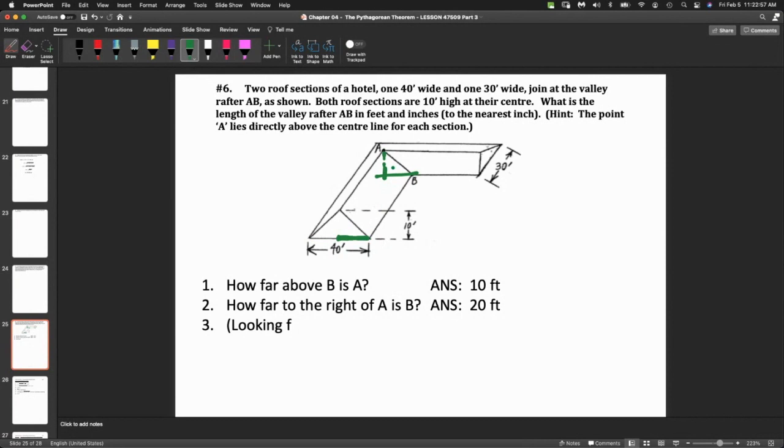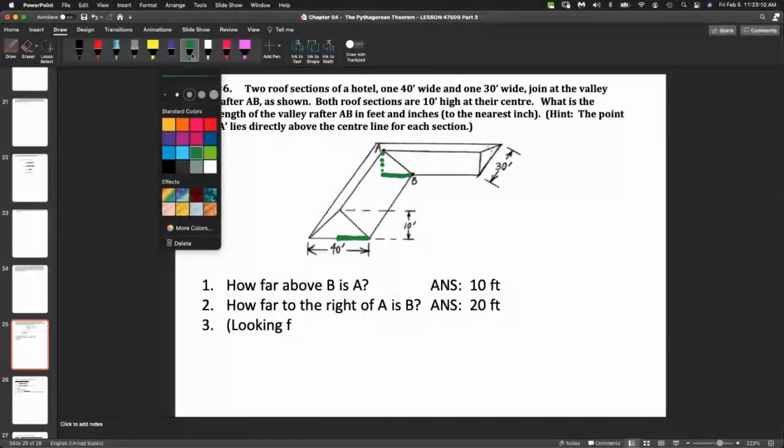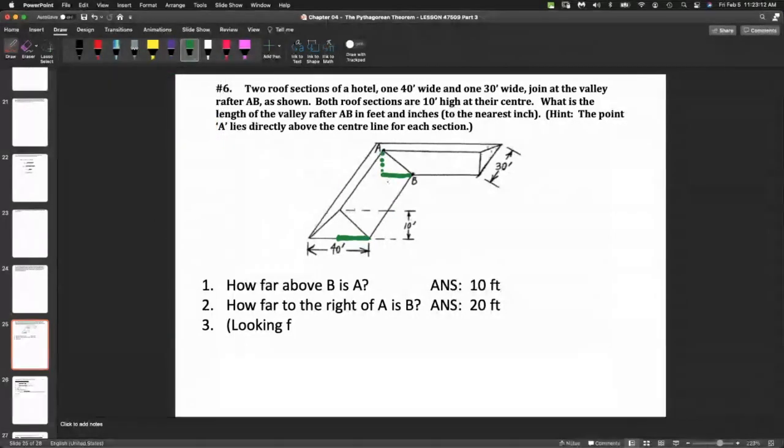This is 20. And if you drop a vertical line to the bottom of the roof, that's 20 as well. Is that better? Cool. The roof is symmetrical in its cross sections.